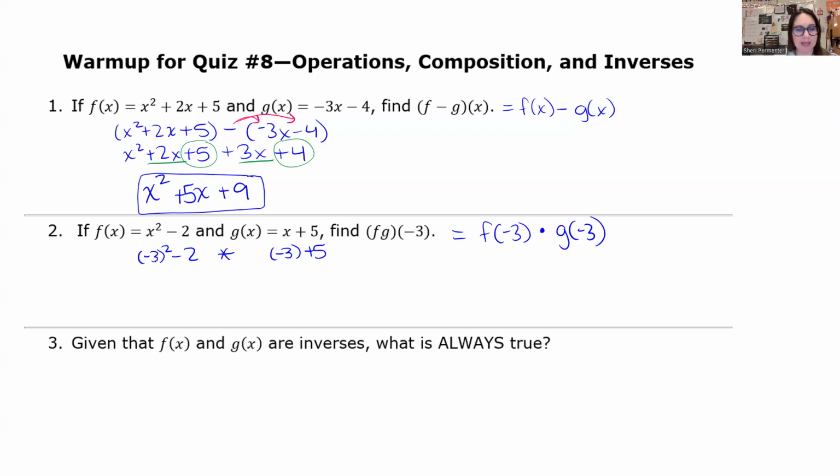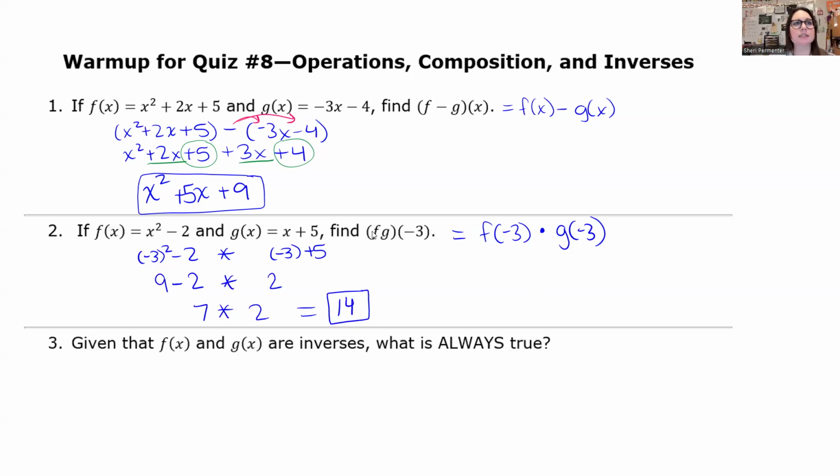Positive 9. So we get 9 minus 2. And then over here, I get 5 minus 3, which is 2. Okay. 9 minus 2 is 7. What's 7 times 2? 14.